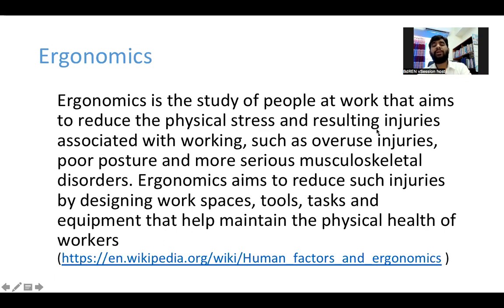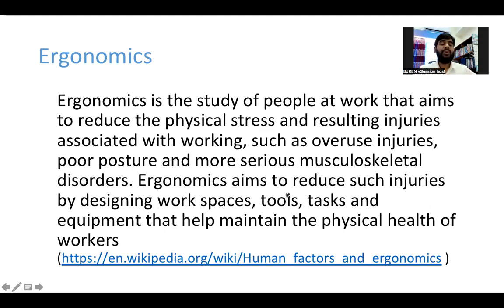So when you are working with machines or dangerous machines, some special measures by the operations manager can save you from accidents and injuries associated with the work, such as overuse injuries, poor posture, and more serious musculoskeletal disorders. Ergonomics aims to reduce such injuries by designing workspaces, tools, tasks, and equipment that help maintain the physical health of the workers.